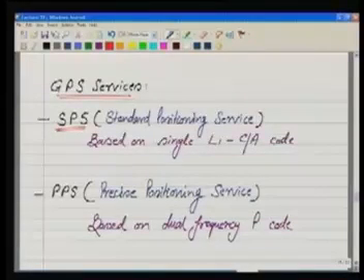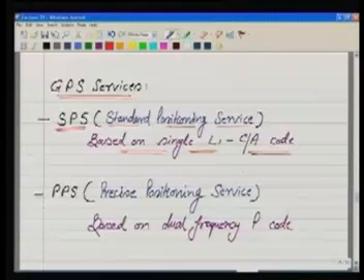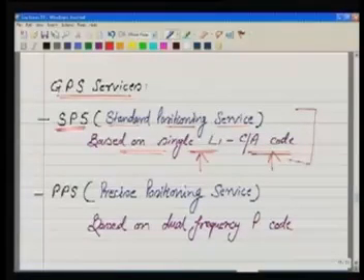SPS stands for Standard Positioning Service. What is the meaning of this? Standard Positioning Service means it is based on a single frequency, number 1, as well as it may use the CA code. So if we are using the CA code and the single frequency, we say this as SPS, and this is available for civilians, the civilian user.